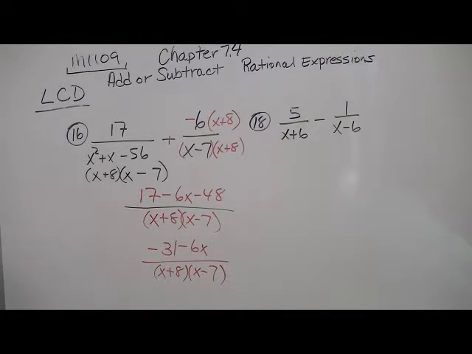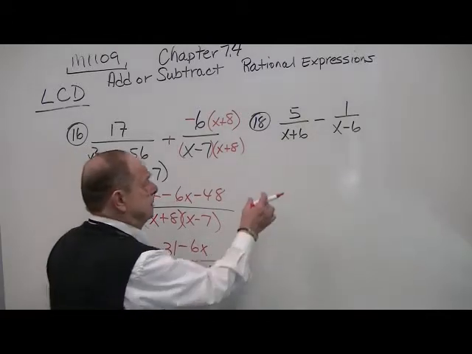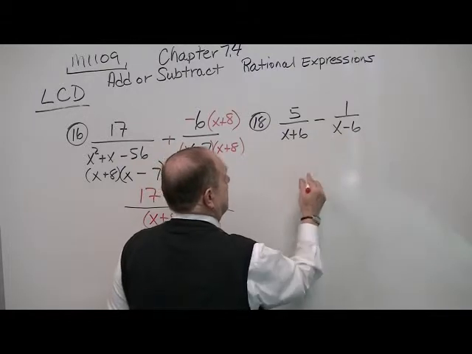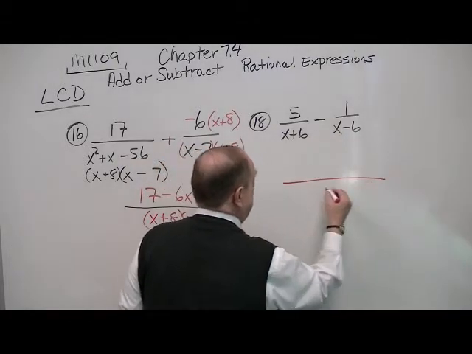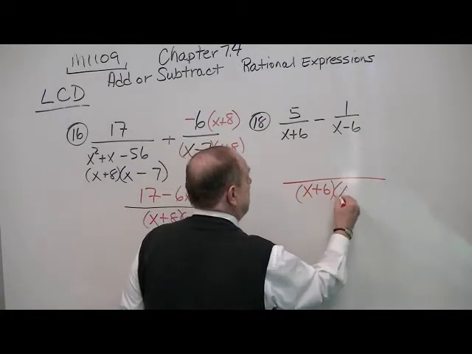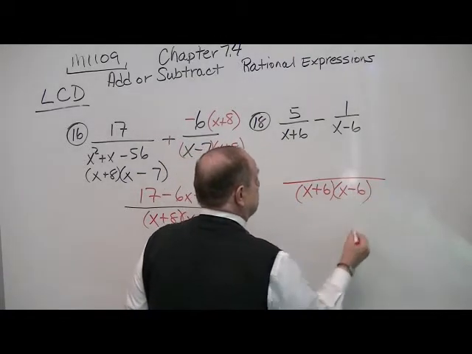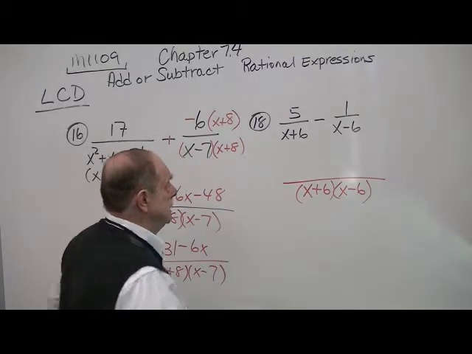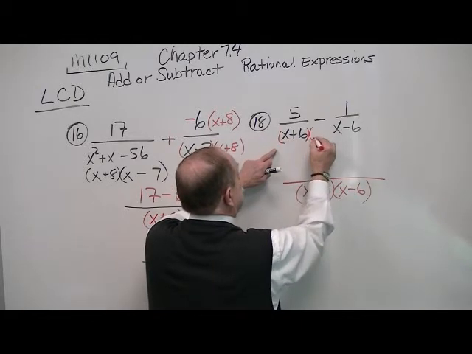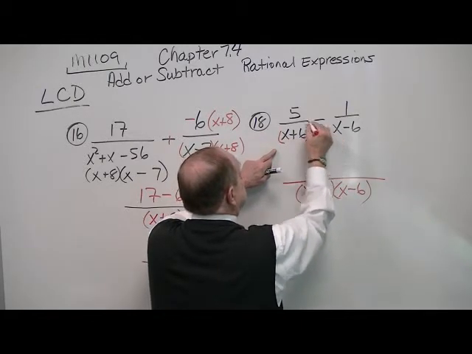Now, as we look at example 18, I don't know if you see it, but these are conjugates of each other. So our common denominator will be x plus 6, x minus 6. This one needs to be multiplied by x minus 6.